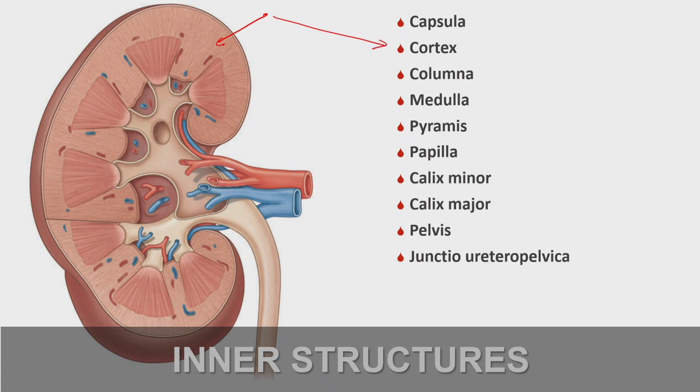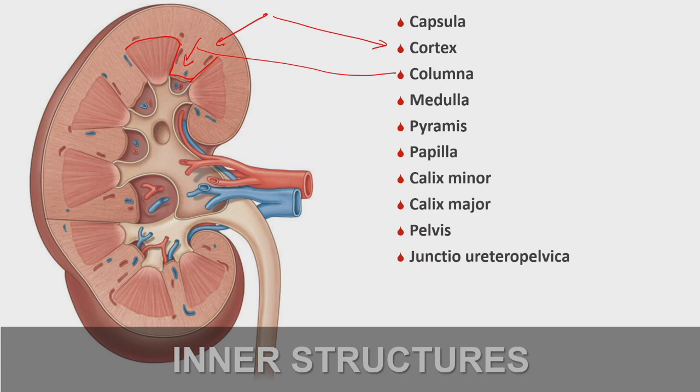Cortex is containing mainly the functional structures which are called corpuscula Malpighi, or glomeruli. This kidney tissue is going inside in structures which are called columna, column.